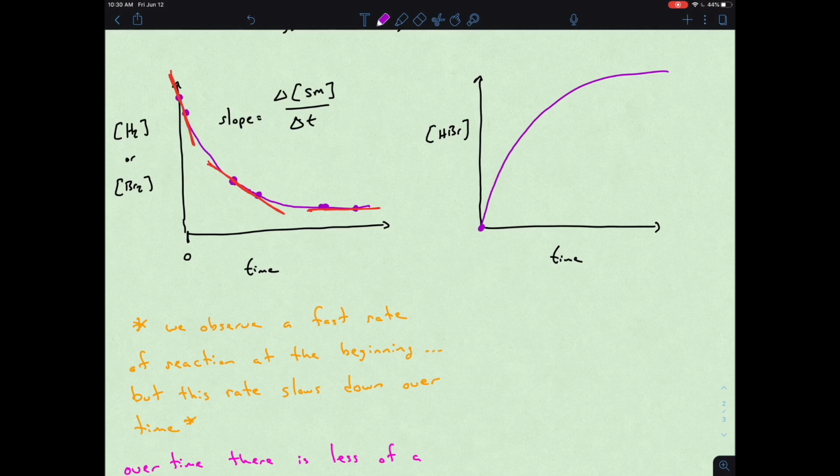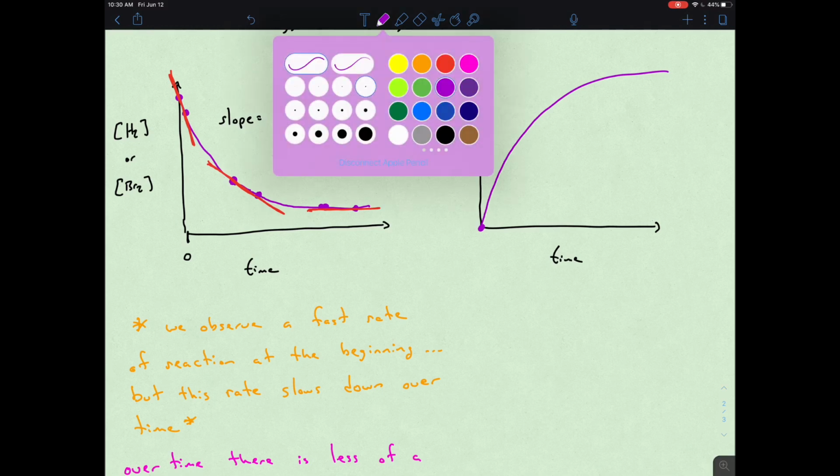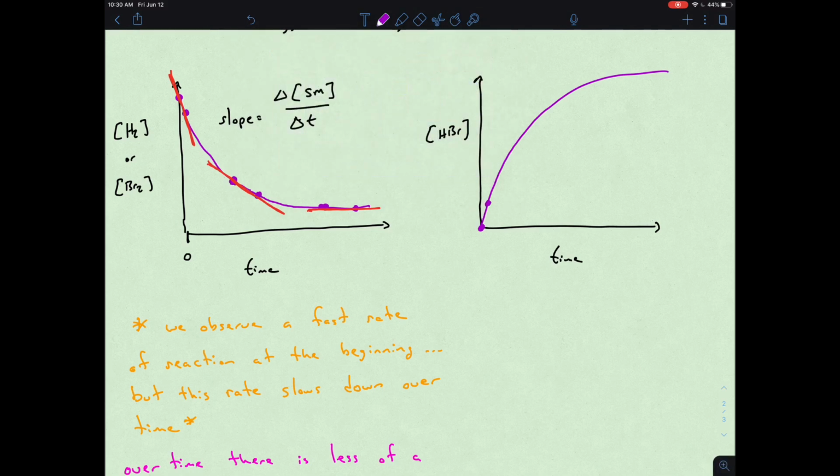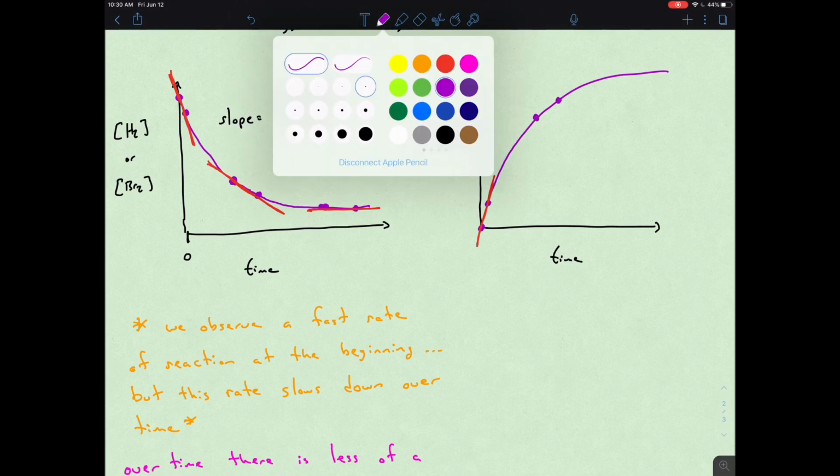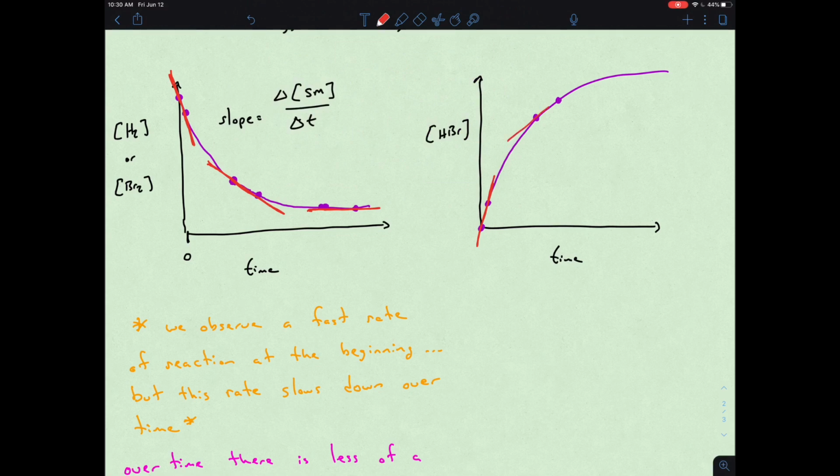And we would see, initially, a very fast rate of reaction. But over time, that rate would actually slow down.